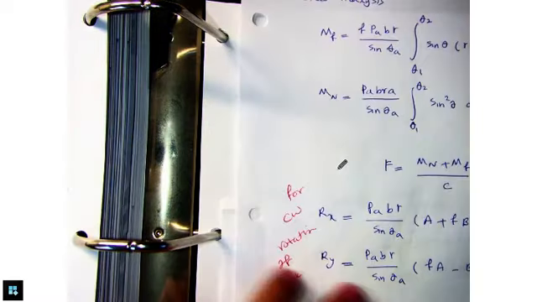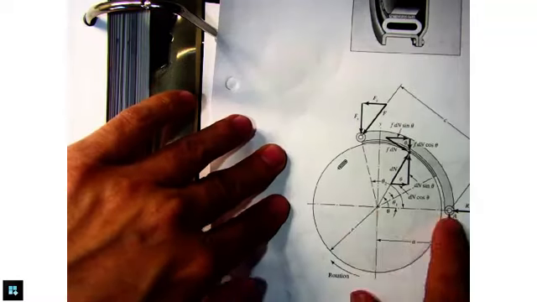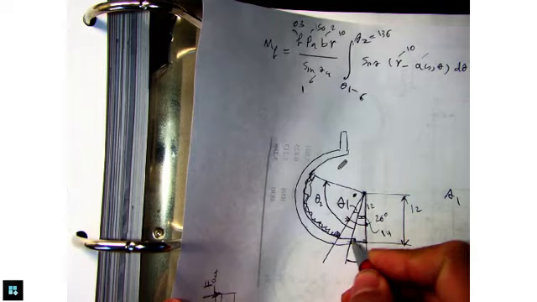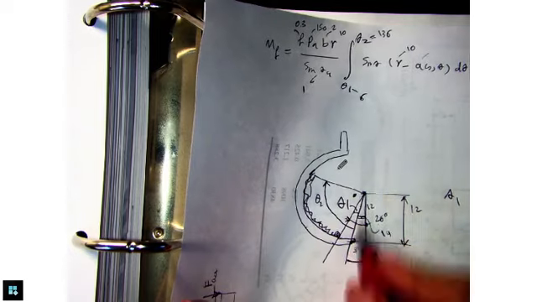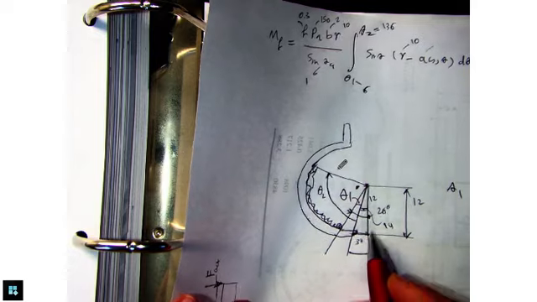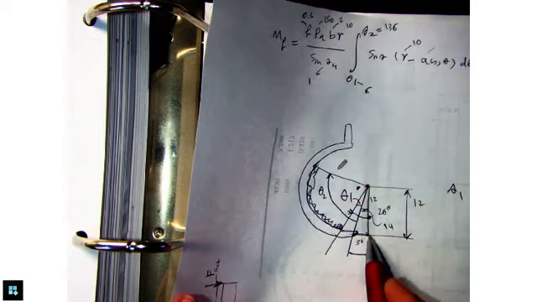Okay, so let's look at a. I told you guys that a was the distance between your hinge and the center. So let's look at my figure, see what that distance is. It's kind of obvious. This is 12, this is 3.